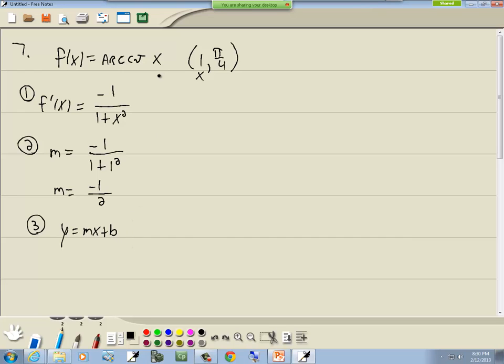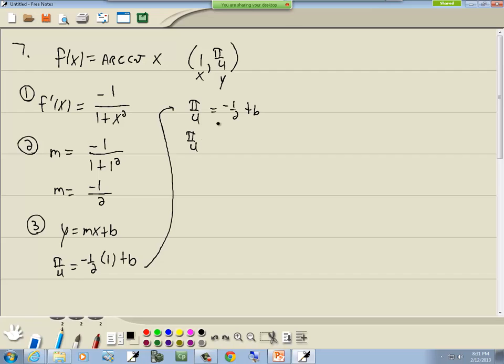Now we want to plug in the given point for x and y, plug in the m we found in step 2, and then solve for b. Well, y was pi over 4, so I'll put that in. m we said was negative 1/2, and x is 1, and then plus b. So we're going to have pi over 4 equals negative 1/2 plus b.